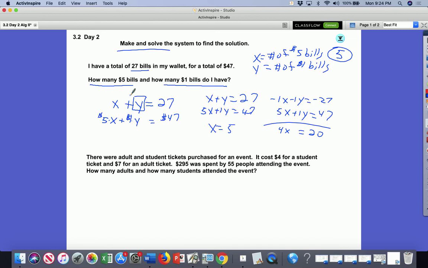So then the number of $1 bills, we could almost figure it out, is going to have to be 22. Five fives is worth $25, and 22 ones is worth $22 for a total of $47. So that makes sense, value-wise. Okay.